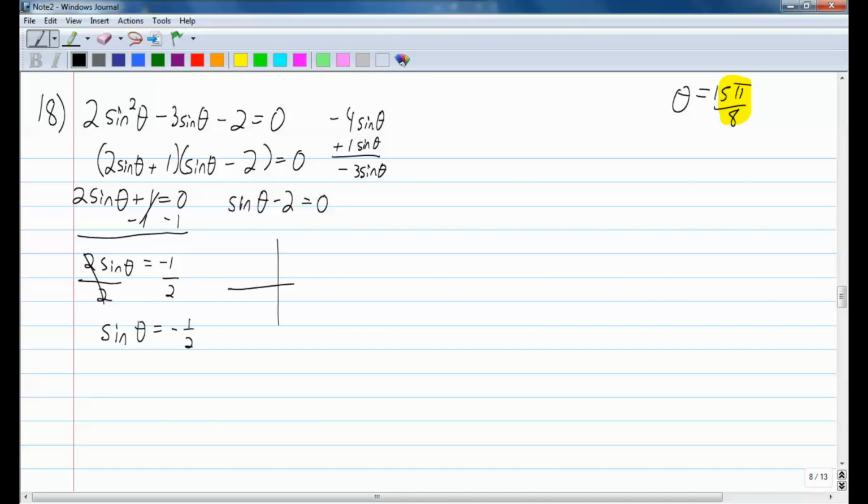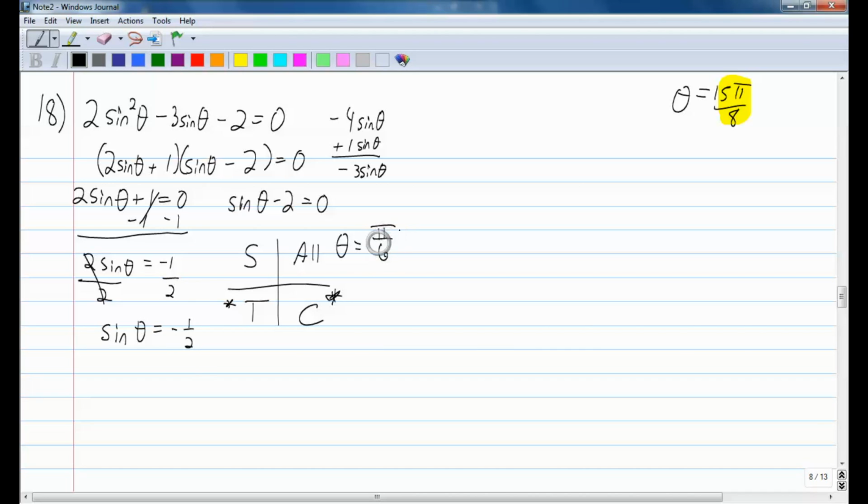Sine is positive in the first quadrant and the second quadrant. It's negative in the third quadrant and fourth quadrant. So that's where I want my answers, from the third and from the fourth. In the first quadrant, the sine of a positive pi over 6 would give me positive 1/2.